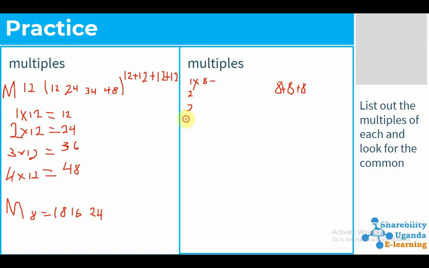So we also come to 4. What is 4 times 8? Using multiplication as a repeated addition, we got 24 here. What is 24 plus 8? Someone with an answer?